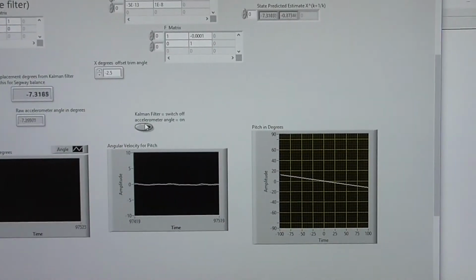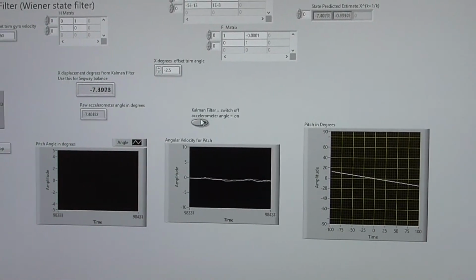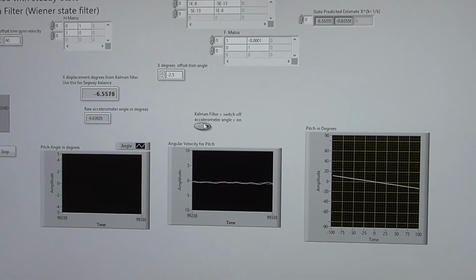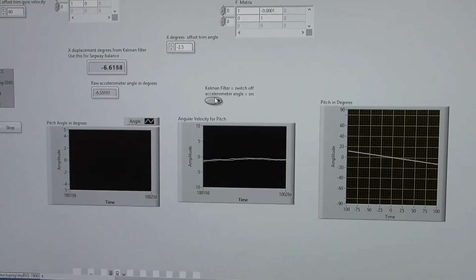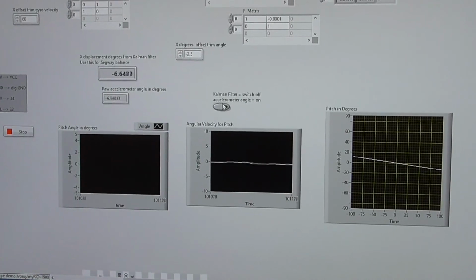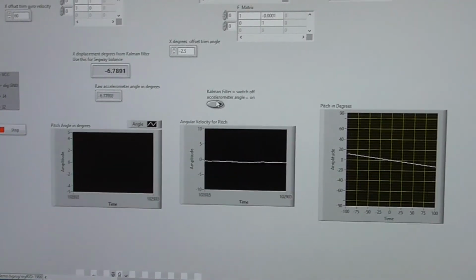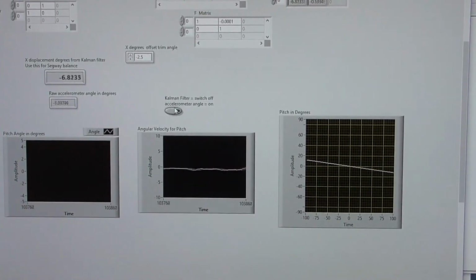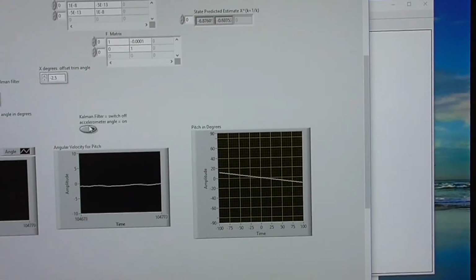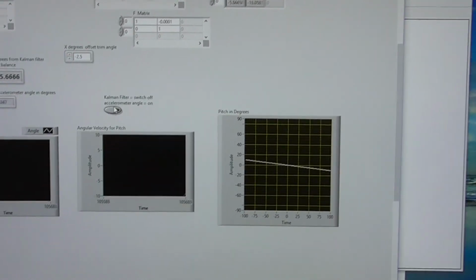So the beauty of this is there is no integration, because if you use a pure integrator to get from one signal to another, let's say from velocity to position, any DC, the output will drift. That's why you want to avoid integrators at all costs, certainly in open loop.